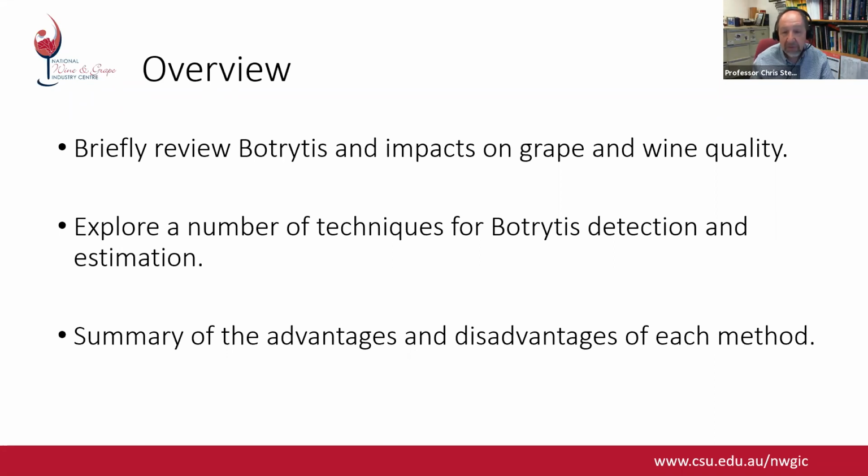But I will say something about the impacts on grape and wine quality. The reason is that if we understand how it affects grape and wine quality, then possibly we can use some of those parameters as potential methods to quantify the amount of botrytis present in a batch of grapes.